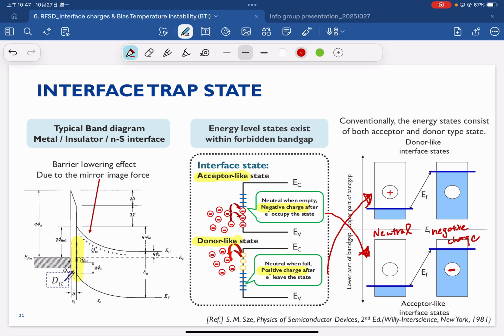So the neutral is here, but we start to have the positive charge once the electron leaves the state. So we have two different kinds of interface state. One is acceptor-like, one is donor-like.